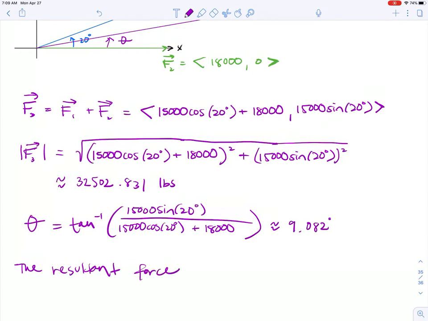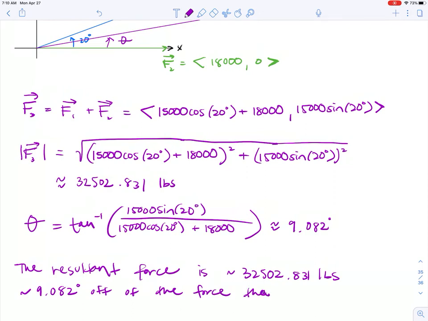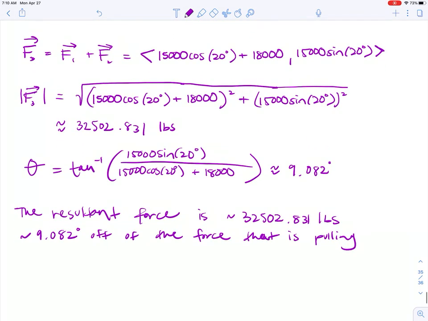So the way that we could describe or summarize this with our sentence is the resultant force is approximately 32,502.831 pounds and approximately 9.082 degrees off of the force that is pulling 18,000 pounds.